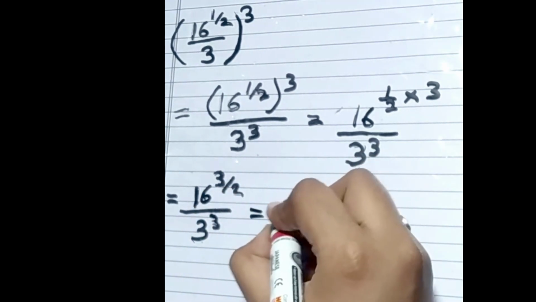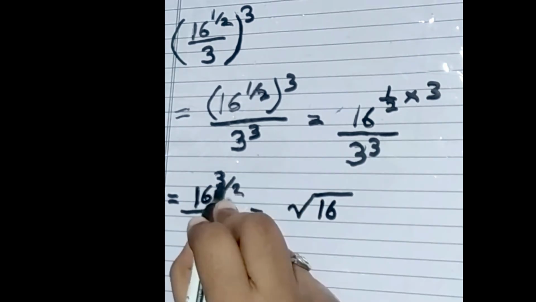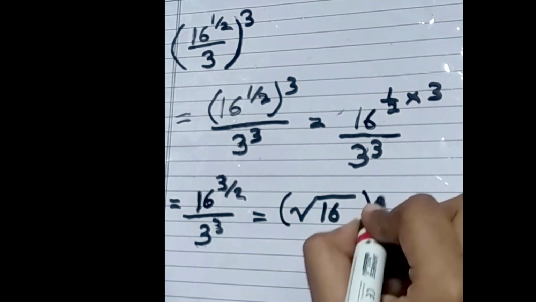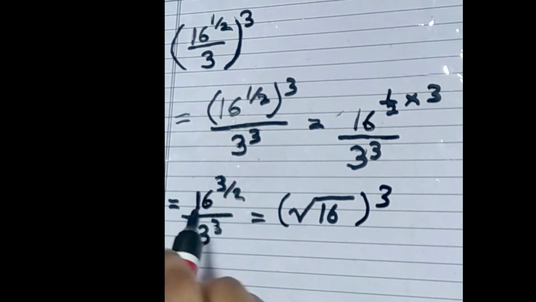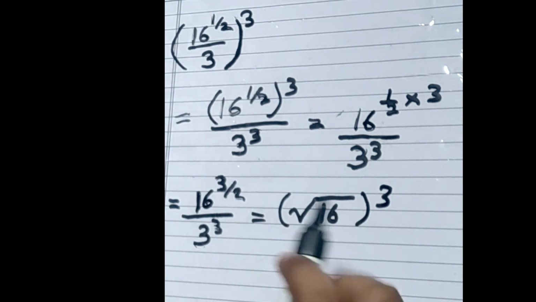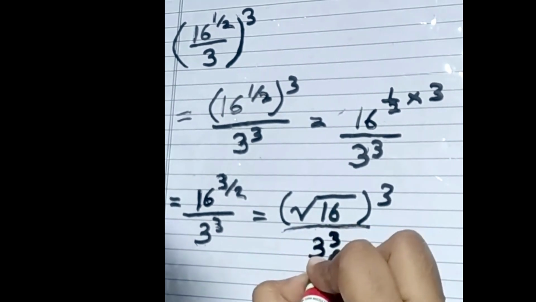We can write it as square root of 16. Here the index 2 is in the denominator, that means square root. Okay, square root of 16 the whole cube. We can write it as square root of 16 the whole cube, whole upon 3 cube.